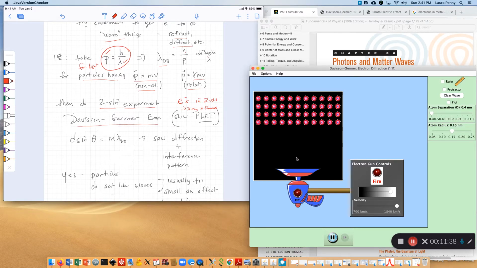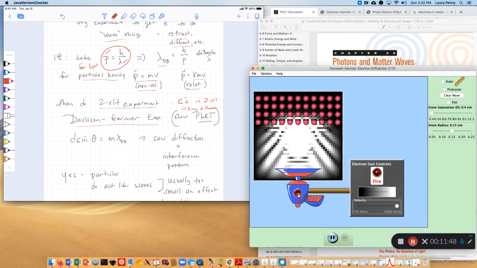And we'd expect, if this was X-rays, we would get a diffraction pattern coming back on us here, where we'd have bright places and dark places. And in fact, this is exactly what is observed in an electron situation, where we actually get places which are brighter with lots of electrons there, and places where there's dark. And so these electrons are acting like waves.